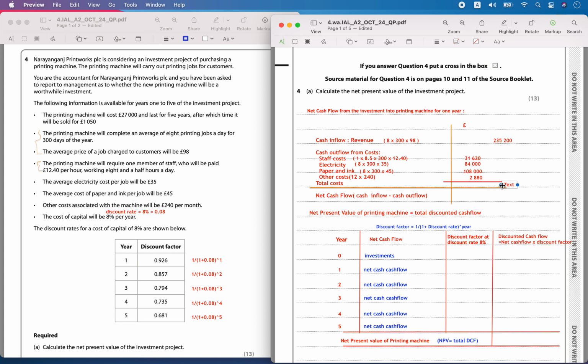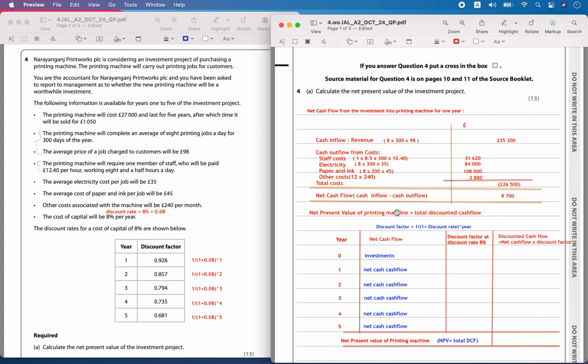So the total cost will be equal to 226,500. Now let's calculate the net cash flow. This is revenue minus this 226,500, which is 8,700. So the net cash flow is 8,700.